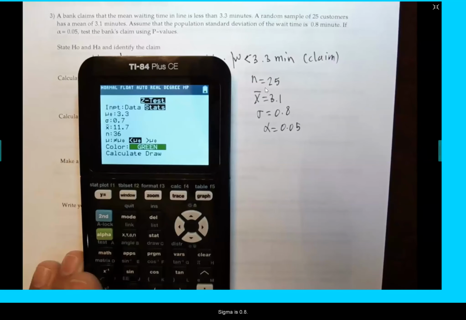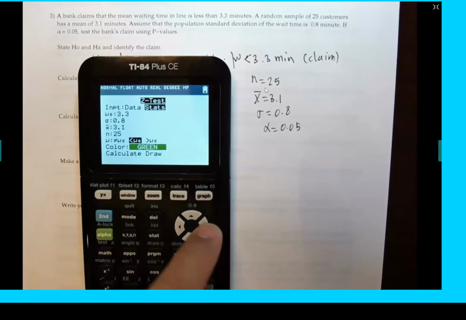Sigma is 0.8. It's very straightforward, guys, once you get used to it. X bar is 3.1. n is 25. Even when you do your homework online, if it asks you to calculate the test statistic Z, you can use a calculator to find it and just plug it in. So less than, and then hit calculate.